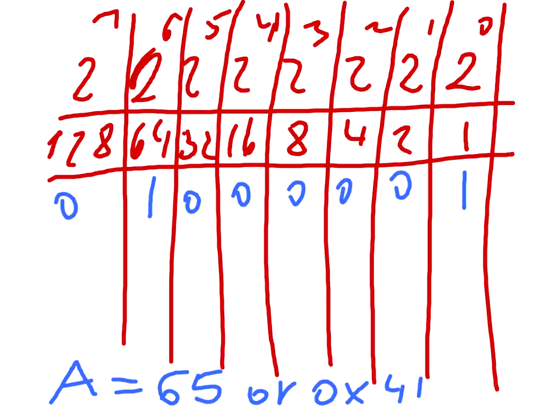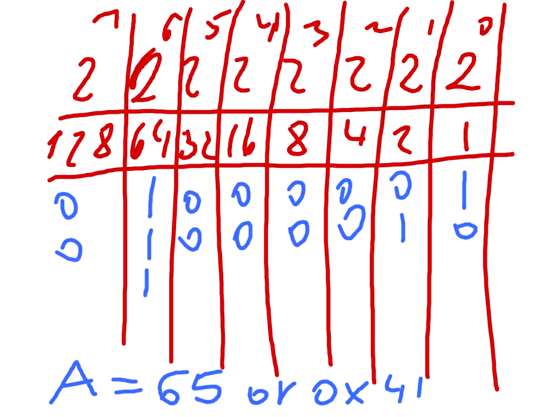Let's see what B is then. If 65 is A, B has to be 66, because it's a sequential, ordered list. What is 66? 66 is 64 plus 2. Everything else is 0. So what is C then? C must be 67.